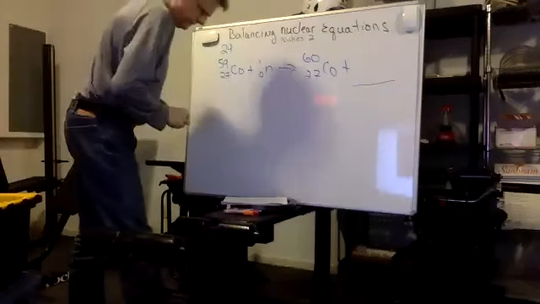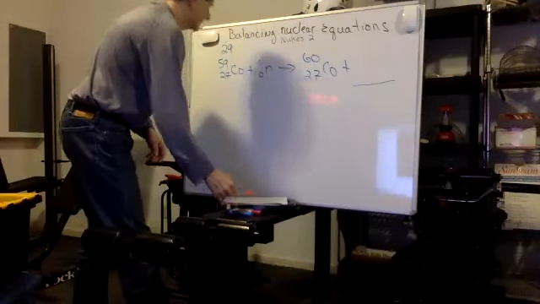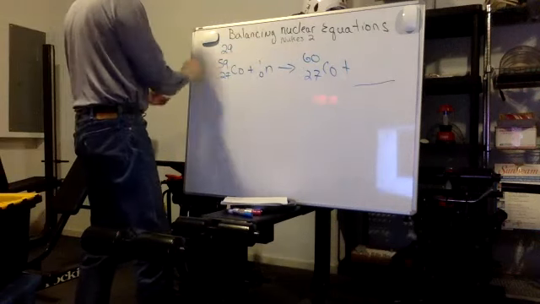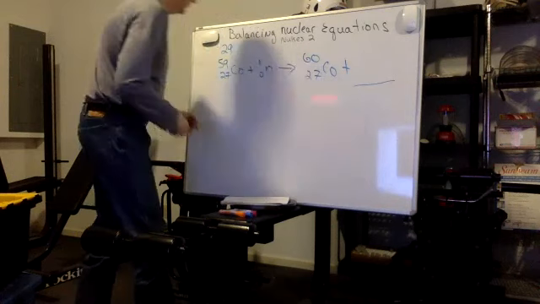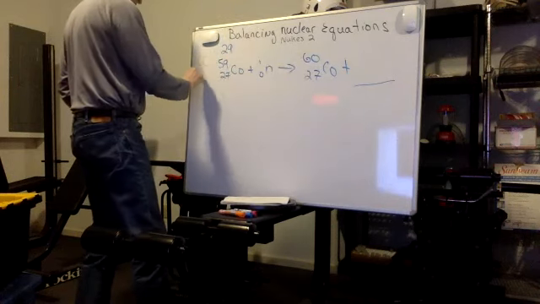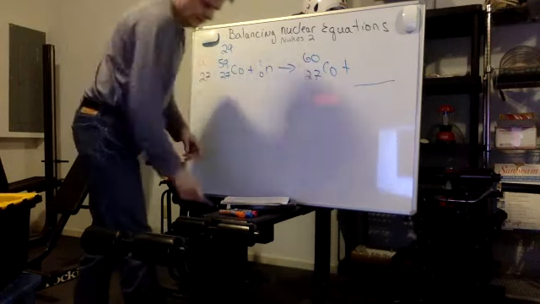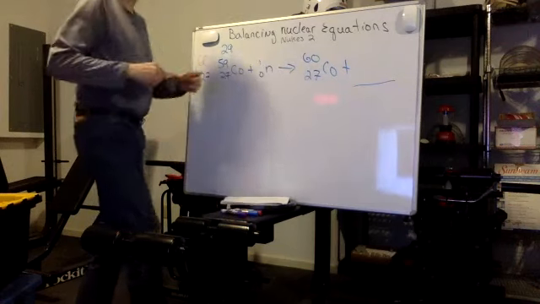All right, let's do the top first. 59 and 1 is 60 on top. And then on the bottom, we have 27 and 0, it's 27. We'll do the top first.